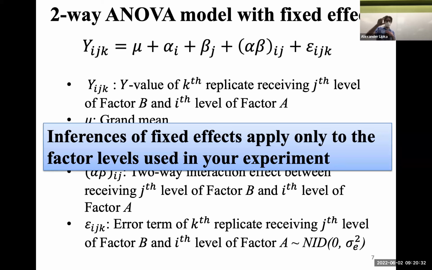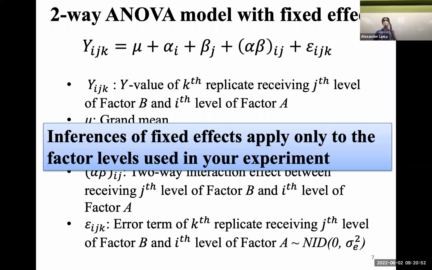So what's going to happen with a random effect is you, as the experimenter, will not only care about the particular levels of your factor in your experiment, but you will care about an entire population of levels. Okay, I'm going to spill the beans.